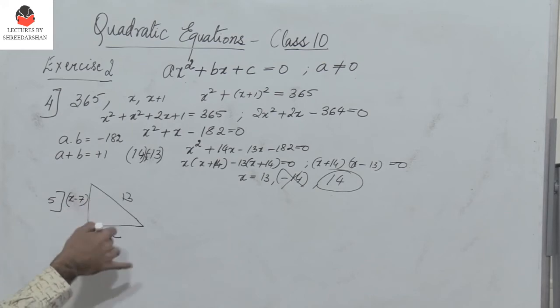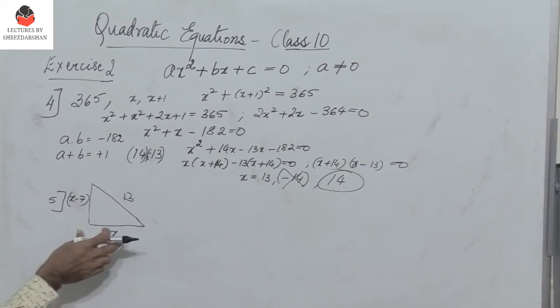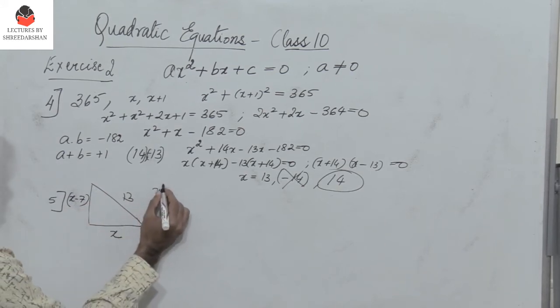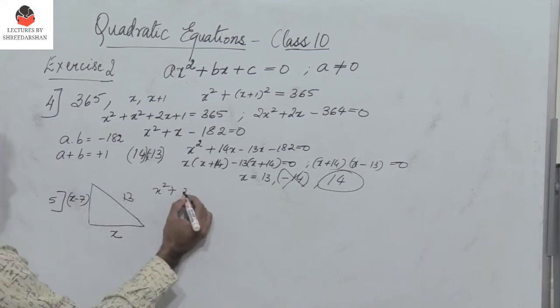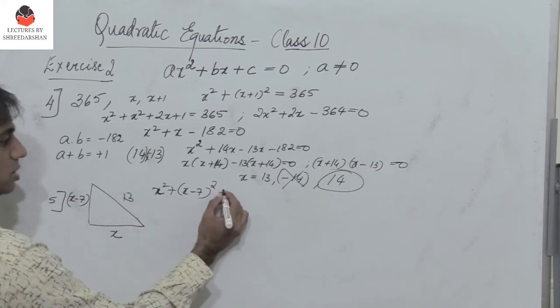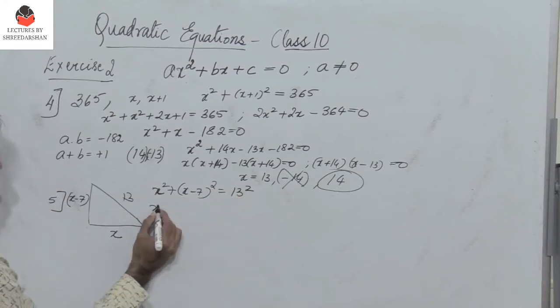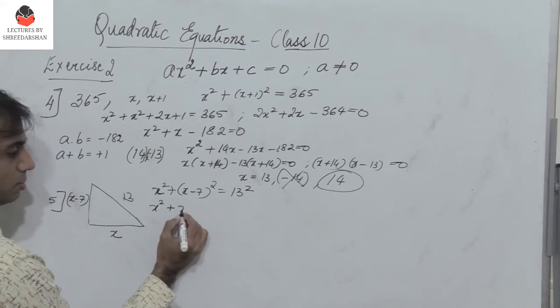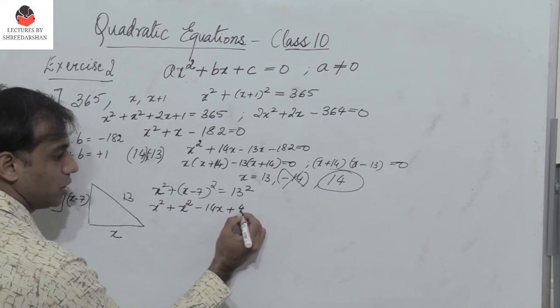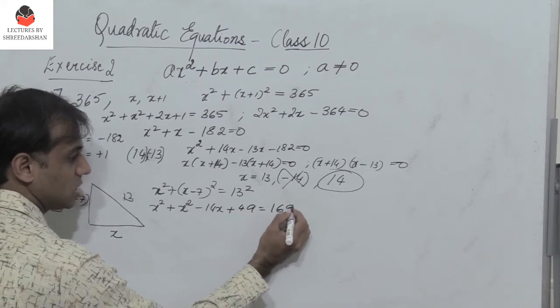So it is x minus 7. So when I have a right angled triangle, we know that x square plus y square equals z square. So we have x square plus x minus 7 the whole square equals 13 square. So I have x square plus, let me expand this, x square minus 14x plus 49 equal to 169.